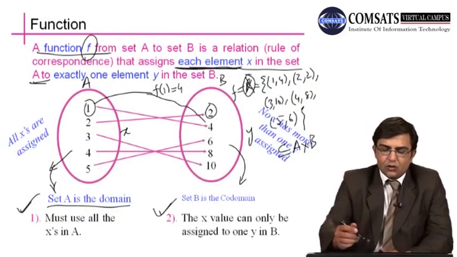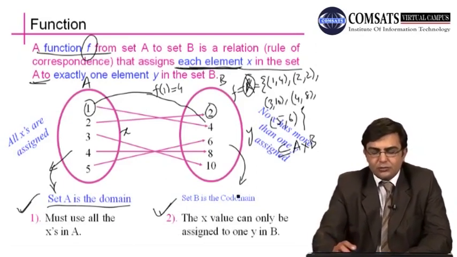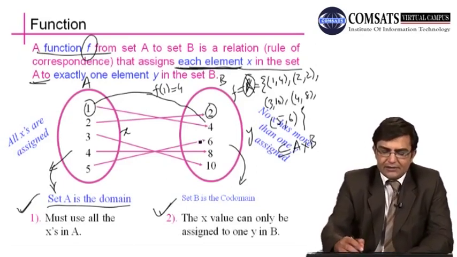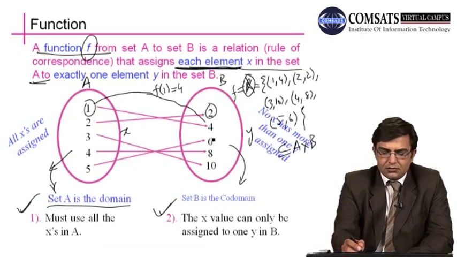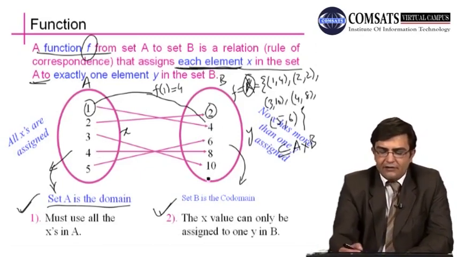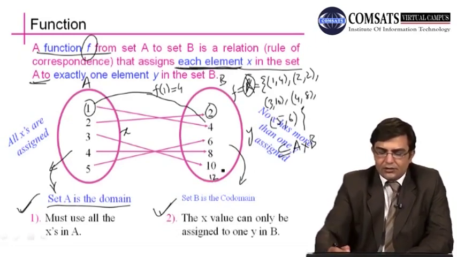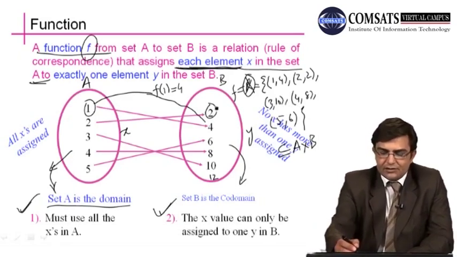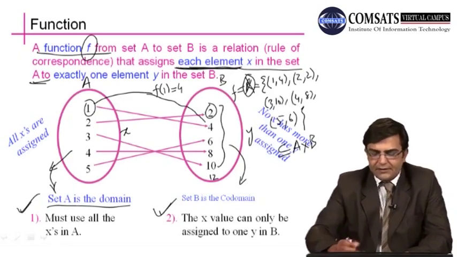Here the whole set B is called the codomain. If we have some other element here, for example 12, then the codomain contains 12, but the range contains only these elements.